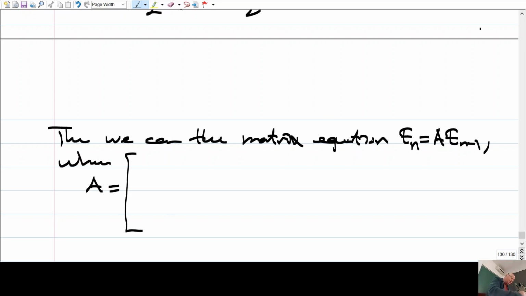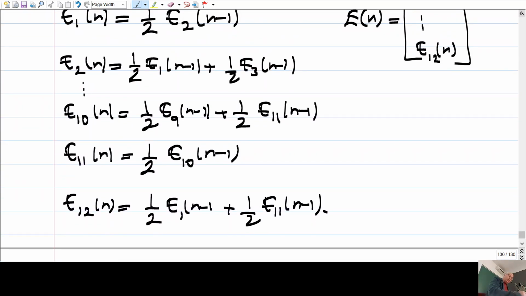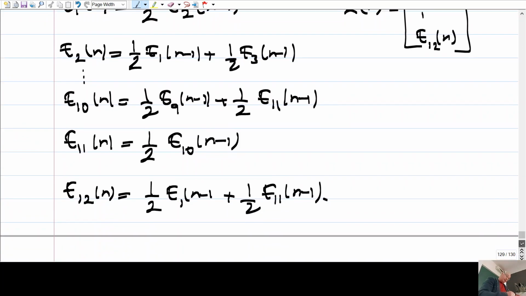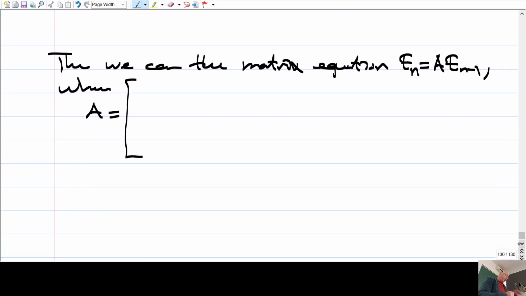A is the matrix, so you may think of this as if it's a transformation. You transform the vector n minus 1 to the vector n. Okay, from these coefficients we can write down the matrix. Let me just write down the matrix.